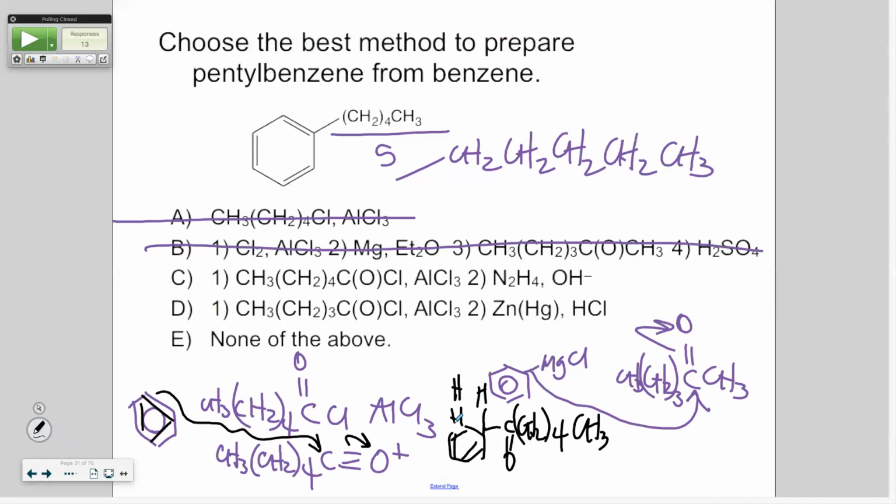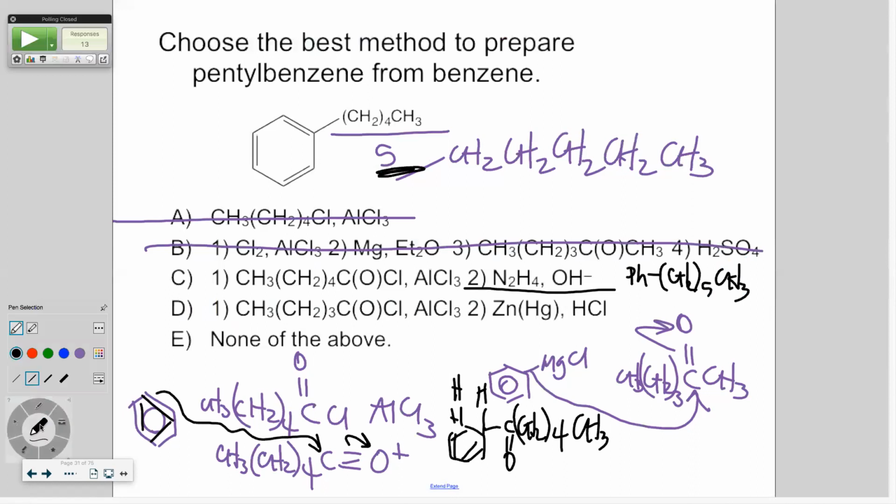And then what does this do? It reduces it down. What do you get at the end of C? Pentylbenzene. How many CH2s? 5 CH2s, right? Is that what we want to make? We want 5 carbon. That's why it is D.